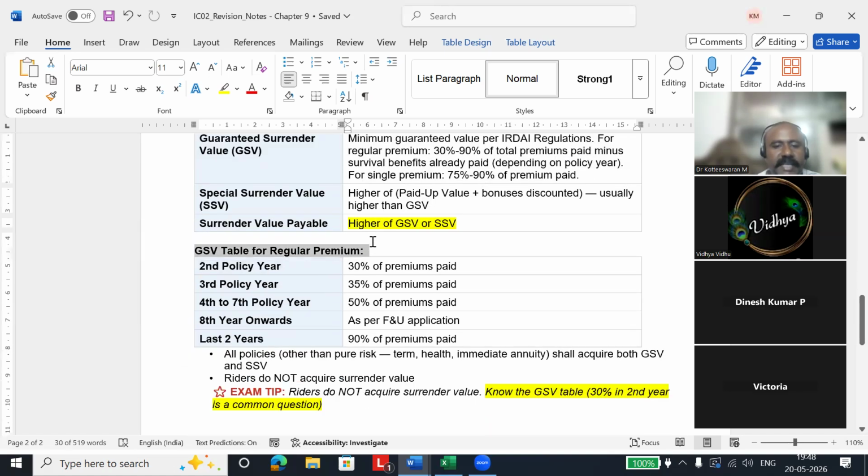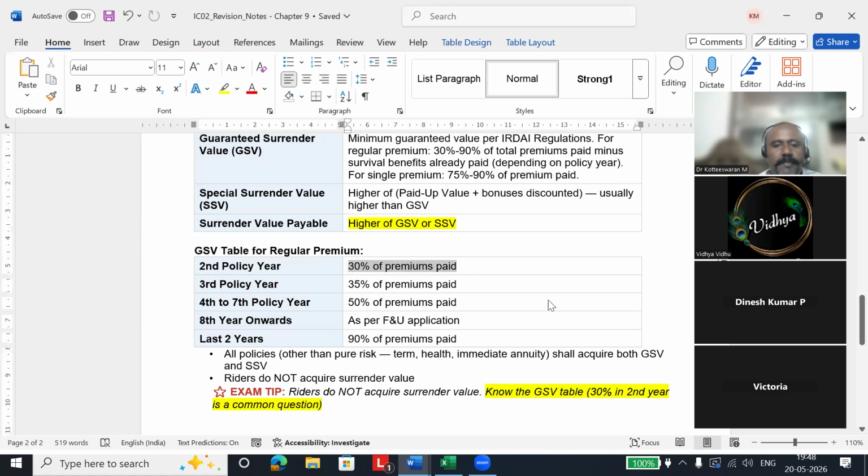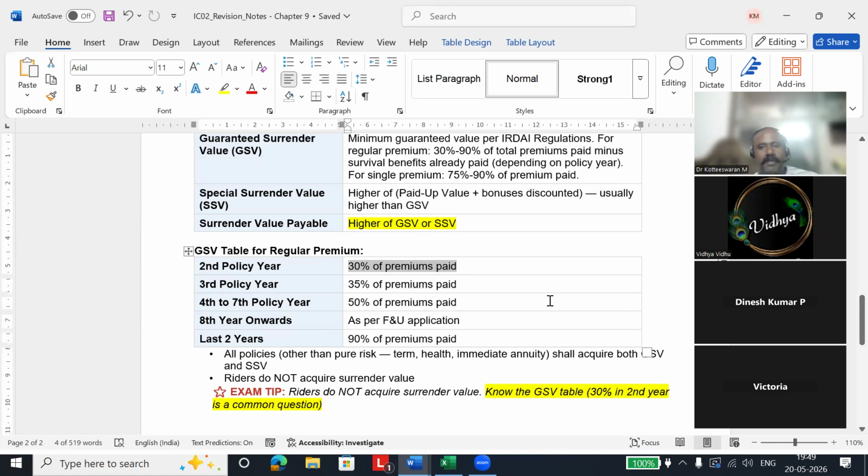So in the GSV table, for a second year policy, if they are closing, 30% of premium should be paid. For example, if you have paid a 1 lakh premium and close in the second year, they will return 30,000. 70,000 they won't return. So this is pre-closure, like pre-closing a loan. They will charge an additional amount.